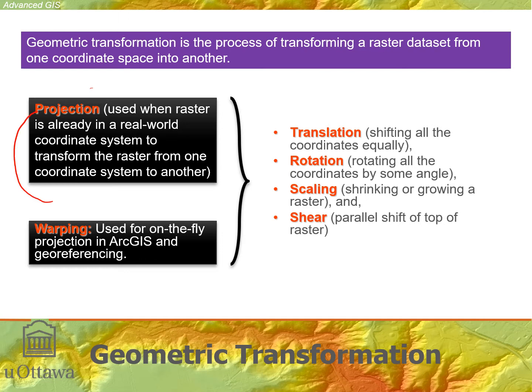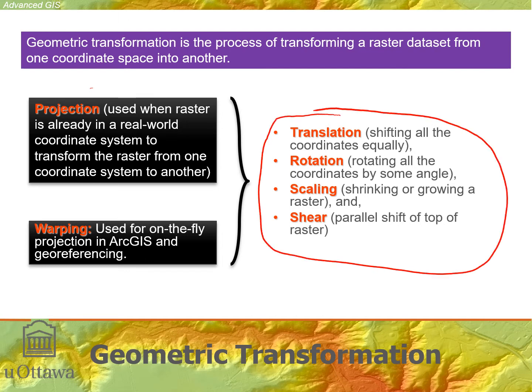It won't project. So that's a different process. That's an exact transformation, projection. Warping is a statistical transformation, as we'll see in some cases. So whenever a geometric transformation happens, these things take place. The raster itself is translated, rotated, scaled, and/or sheared.